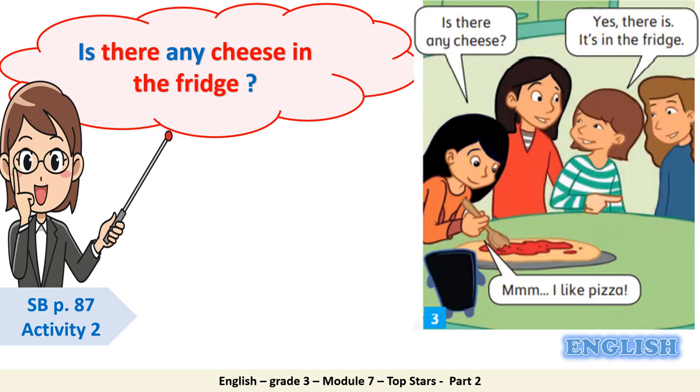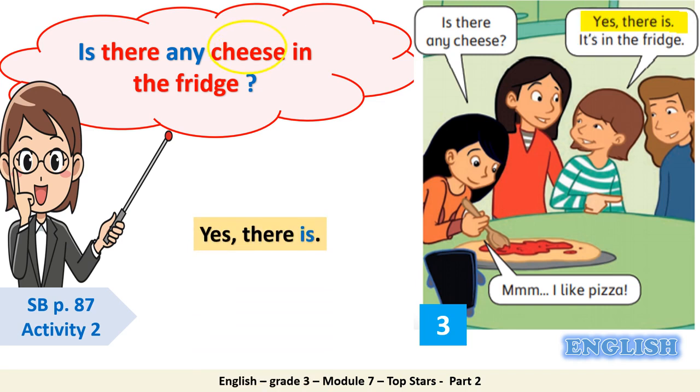Look at frame number 3 and try to answer the question. Is there any cheese in the fridge? Very good. Yes, there is. Is cheese a countable or an uncountable noun? Amazing! It's an uncountable noun.